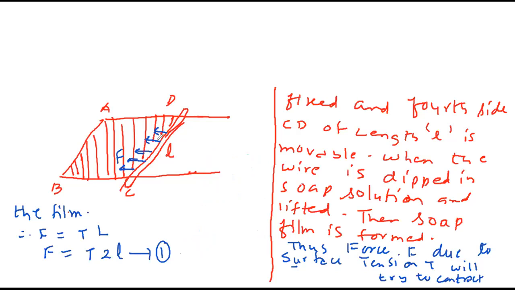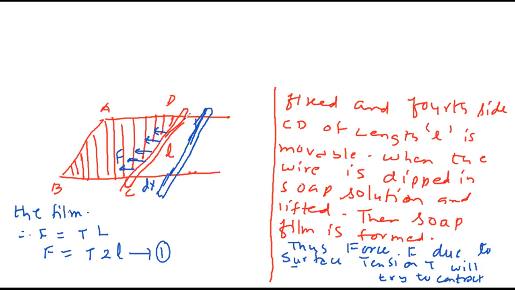If I have to retain this film, I have to keep pulling on the right side, otherwise it will contract. So suppose again that we are moving this side CD by a very small distance dx.